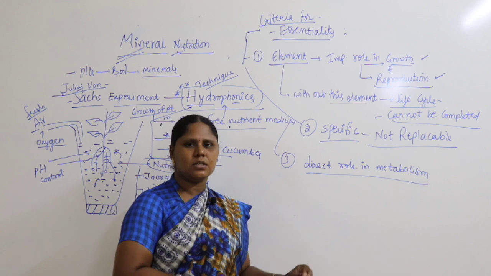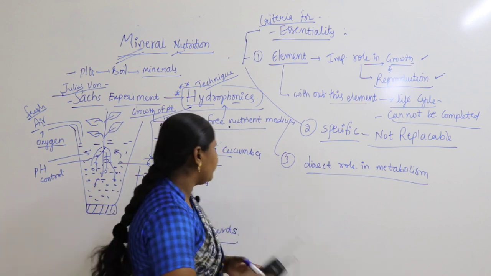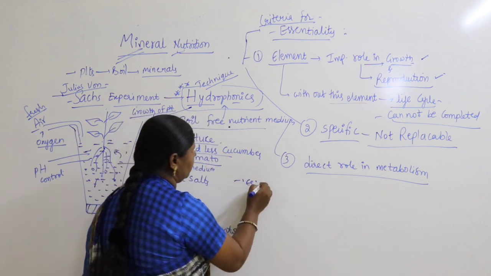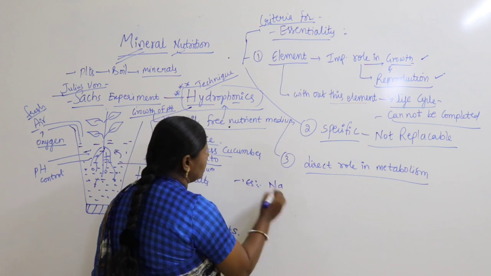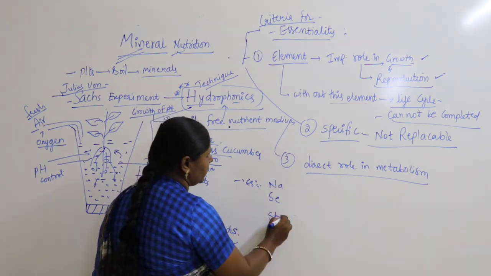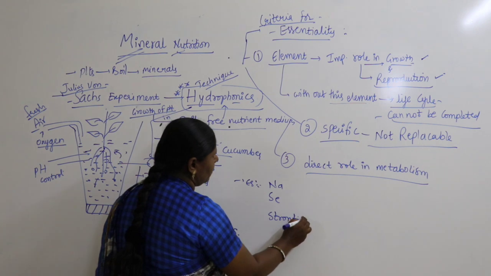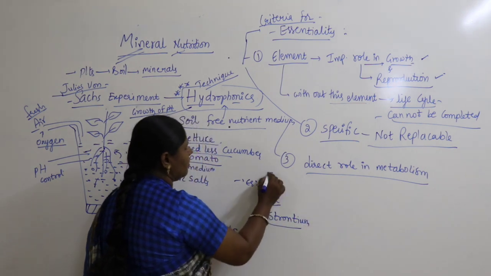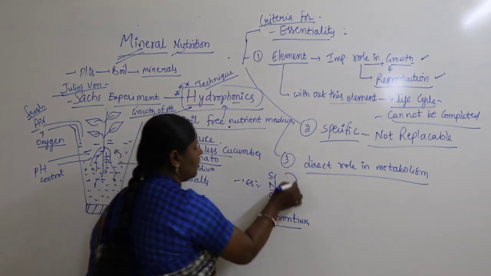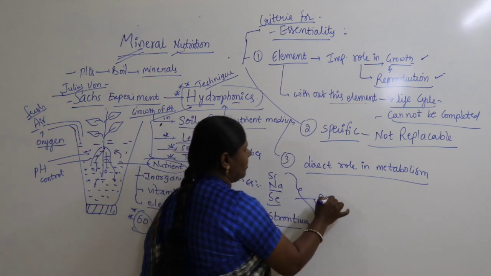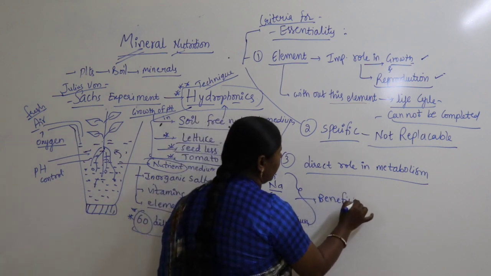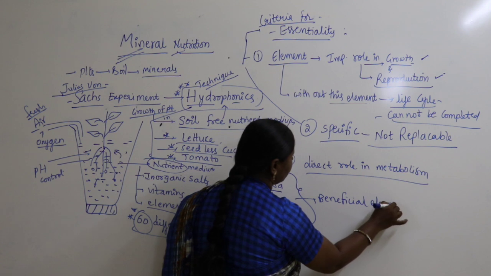So, when these elements play a direct role in metabolism, they are referred to as essential elements. Now, for example, sodium, selenium and strontium, and even silicon, are called beneficial elements. Why are these called beneficial elements?